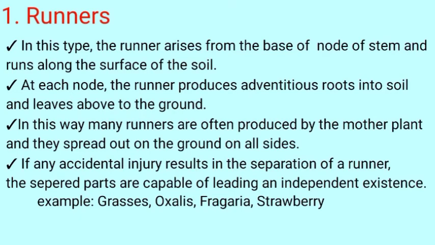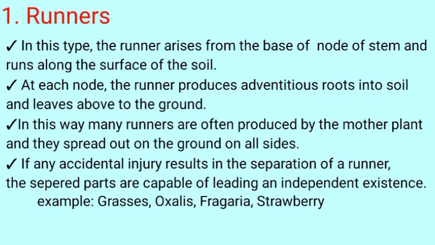Very first one, runners. In this type, the runner arises from the base of a node of the stem and runs along the surface of the soil. At each node, the runner produces adventitious roots into the soil and leaves above the ground.